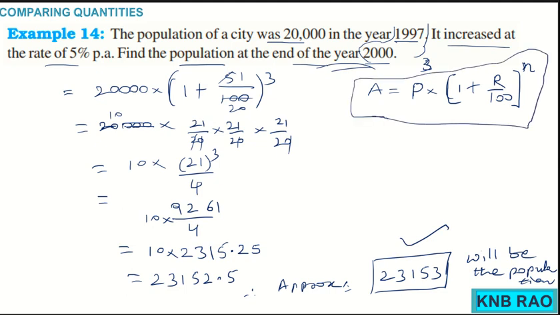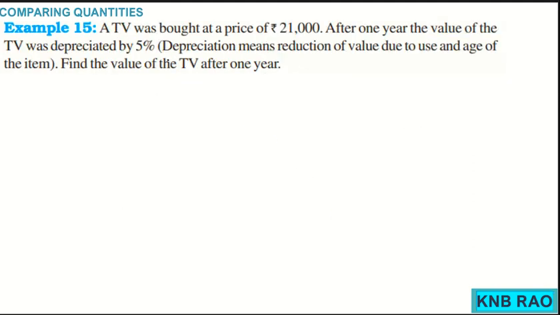Then coming to example number 15, a TV was bought at a price of 21,000. After 1 year, the value of the TV was depreciated by 5%. What is the meaning of depreciation? Depreciation means reduction of the value due to use and age of the item.